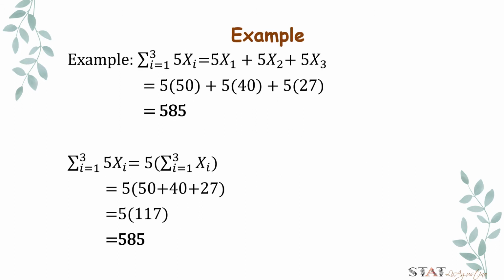So let's have an example. The summation of 5xi, where i ranges from 1 to 3. Remember, our lower limit is 1 and our upper limit is 3. Using the same values that we have for the previous example, 5 is our constant: 5 times 50 plus 5 times 40 plus 5 times 27.